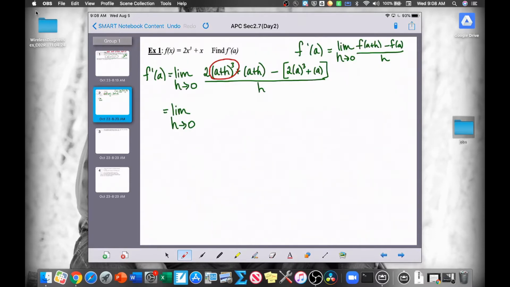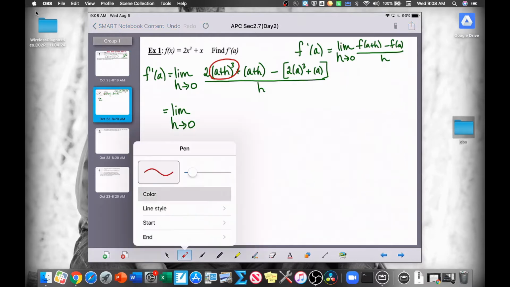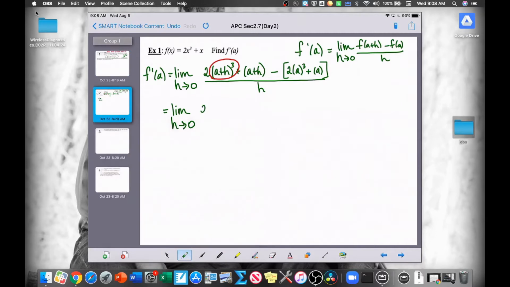So going back to our limit here, this is going to be 2 times a plus h cubed, which is a cubed plus 3a squared h plus 3ah squared plus h cubed, plus a plus h. And then when we distribute our negative, we get minus 2a cubed minus a all over h.